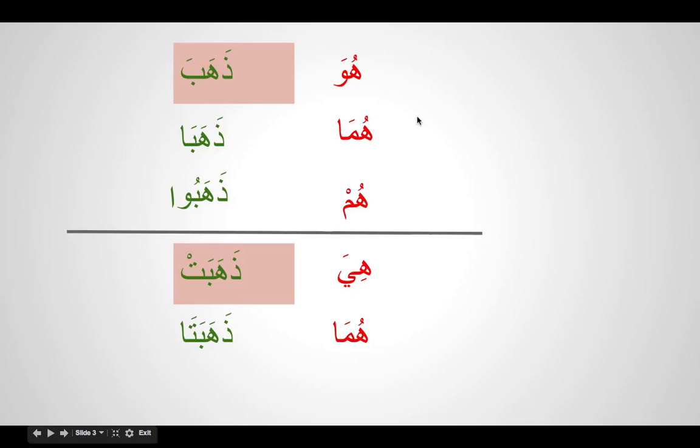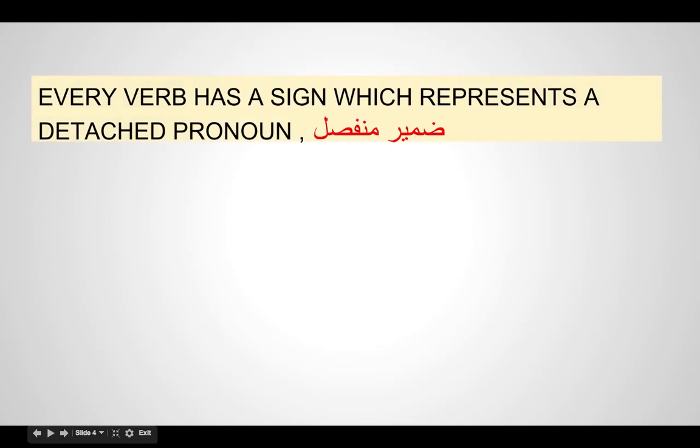So in all these verbs, if you see, each represents a pronoun which is called a fa'il, that's a doer. So what are these pronouns which they represent? We have done previously that these verbs have a sign of a detached pronoun.